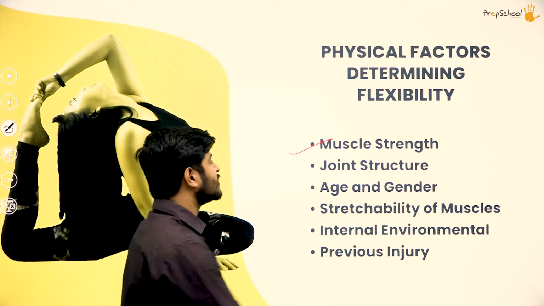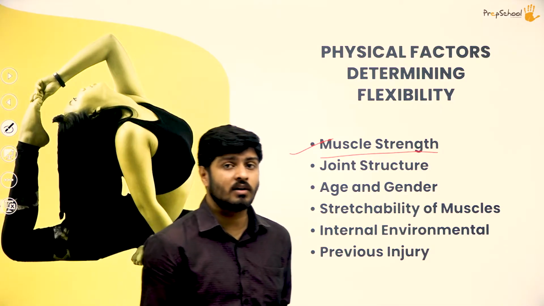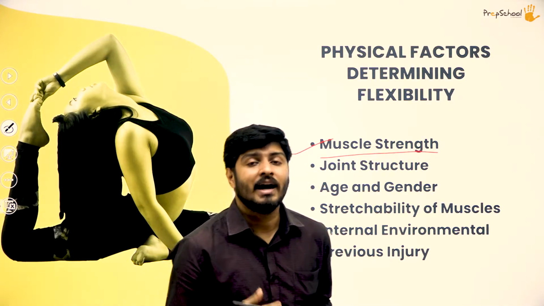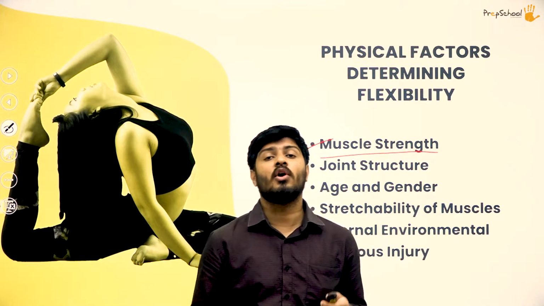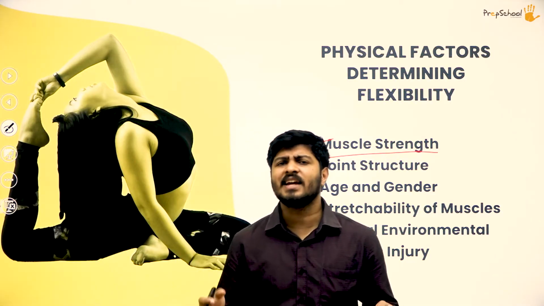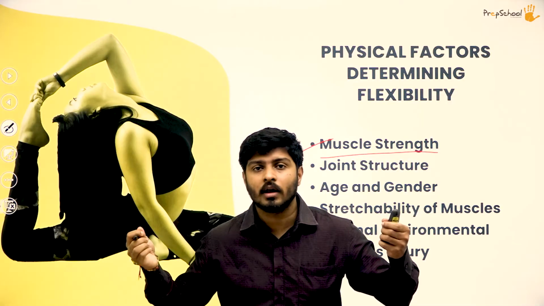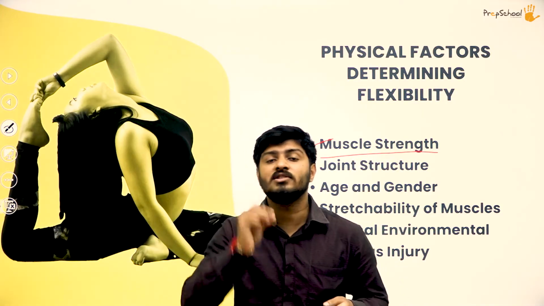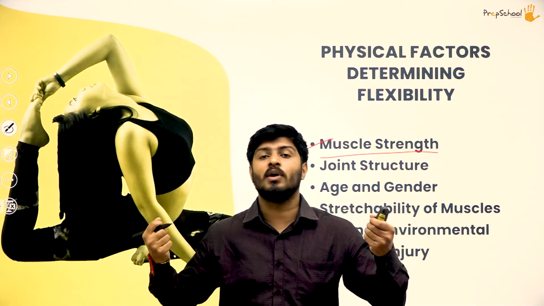The first factor responsible for flexibility is muscle strength. We have studied muscle strength earlier also. Your flexibility will depend on your muscle strength, how strong your muscles are. In order to flex longer, you should have a proper density of muscle. Let's take the example of a rubber band, right? If you stretch a rubber band longer, and the thickness of the rubber band is very short, it will not stretch longer, it will break if you extend it too much.